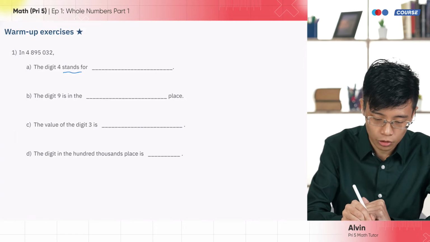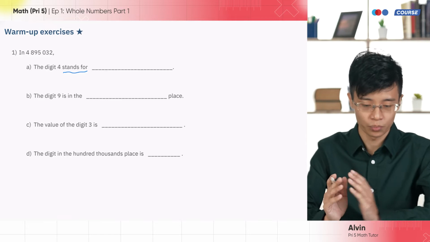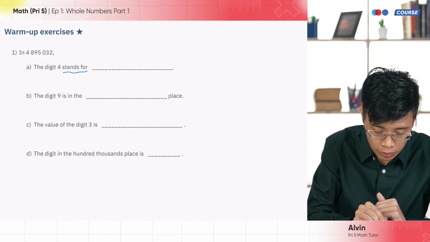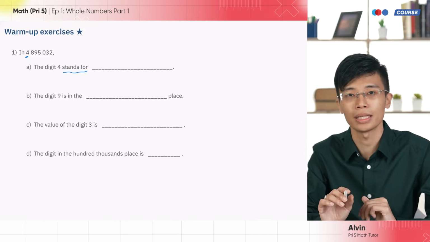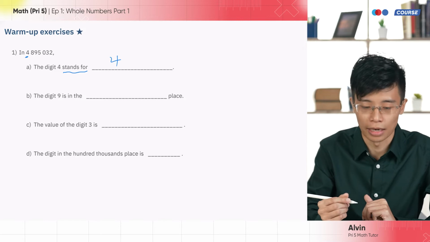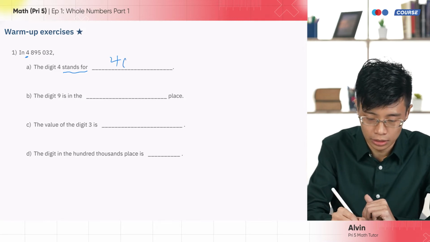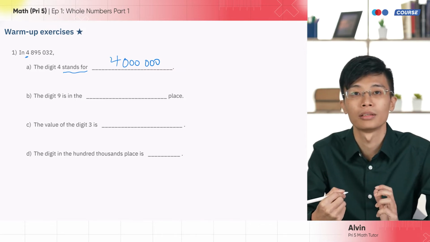Like we remember, just locate the digit and write the zeros behind. The 4 is in the 7th position, which is the millions place. So we write the digit 4, and then write the zeros behind: 0, 0, 0, 0, 0, 0, which represents 4 million.